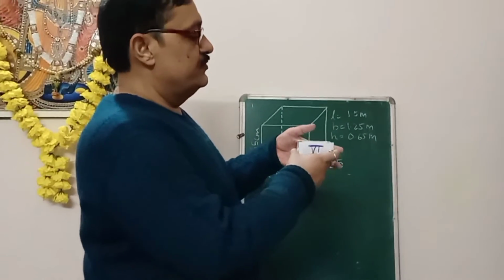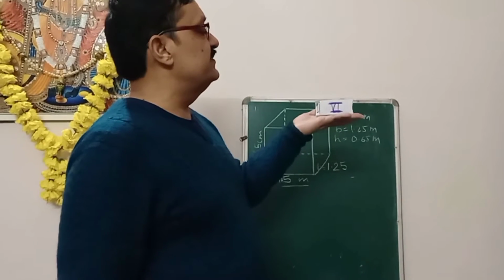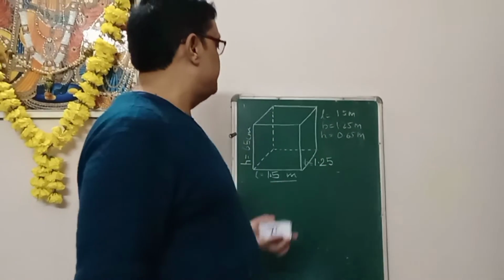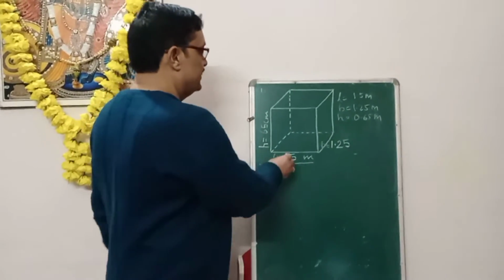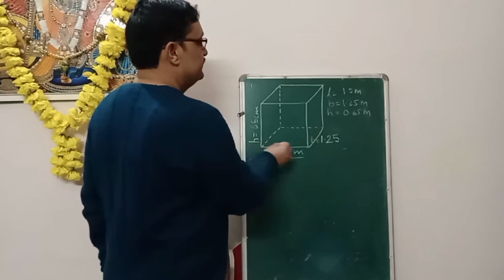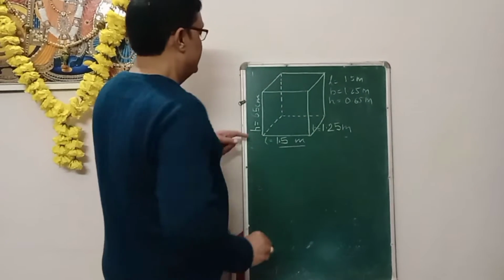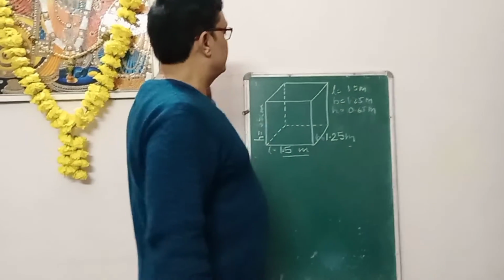If we are able to visualize this in our mind, then on a piece of paper this will look like this: 1.5 meter length, breadth 1.25 meter, height 65 centimeter.